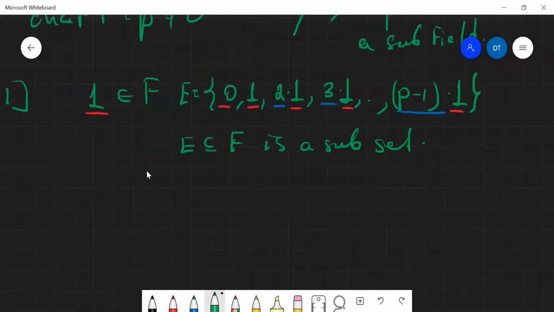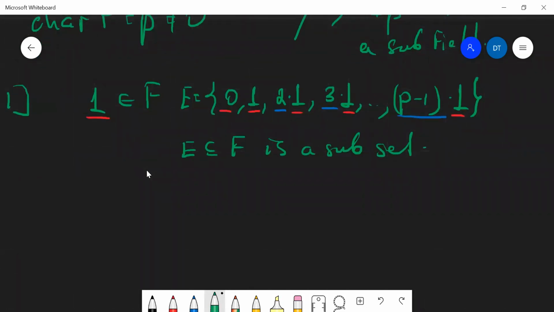But now let's try to add and multiply these elements. We will see that the subset is closed under addition and multiplication, and it actually behaves exactly as Z_p.